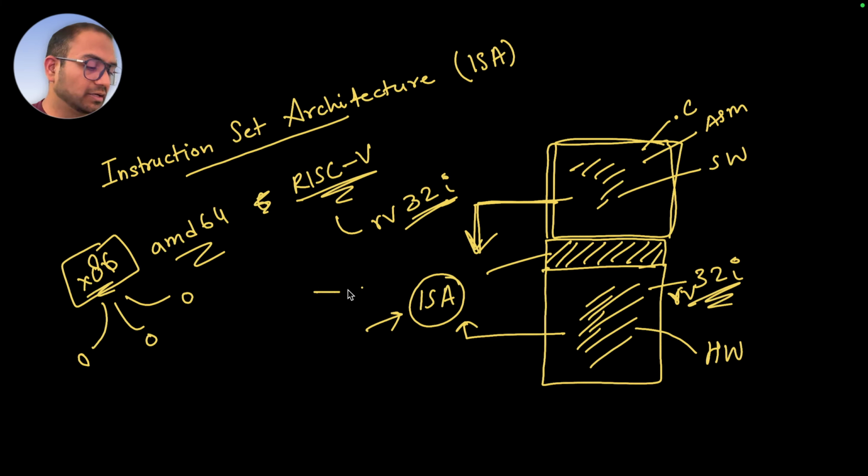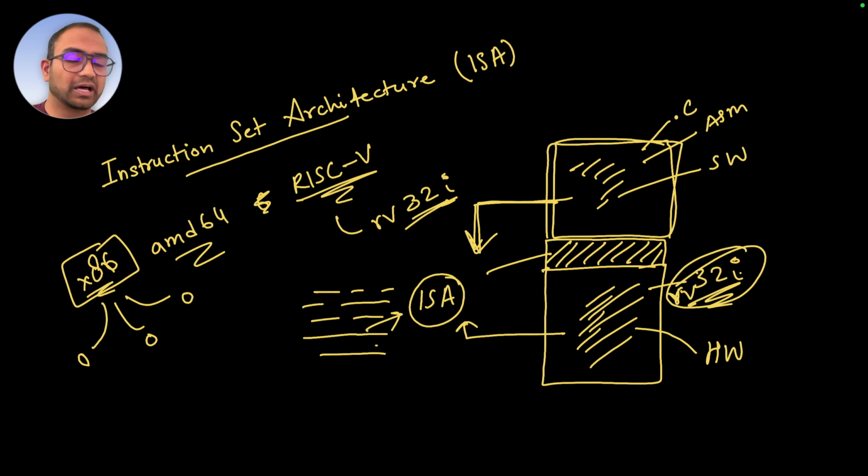If my instructions are encoded as dictated by the RV32 standard, then this processor that I ordered or got from the internet will execute my code. That is what it means.